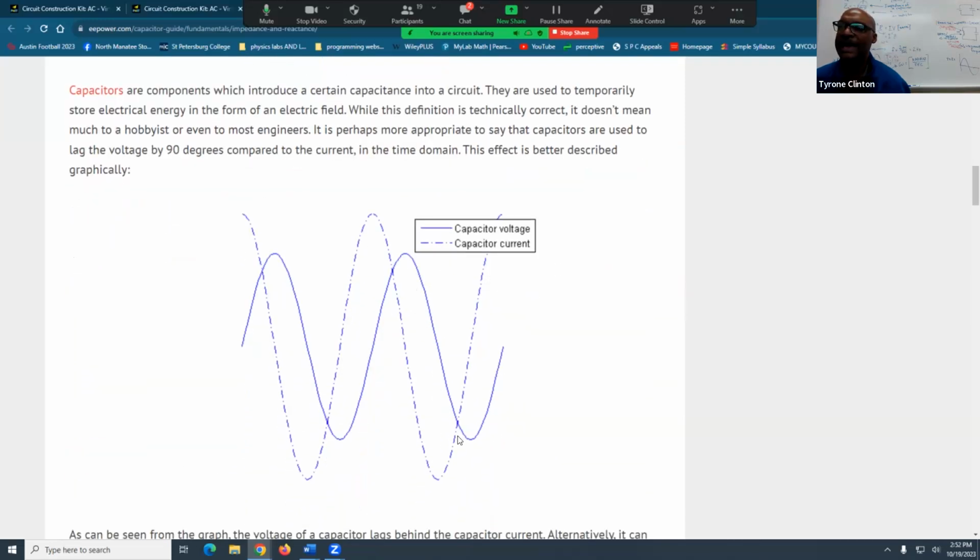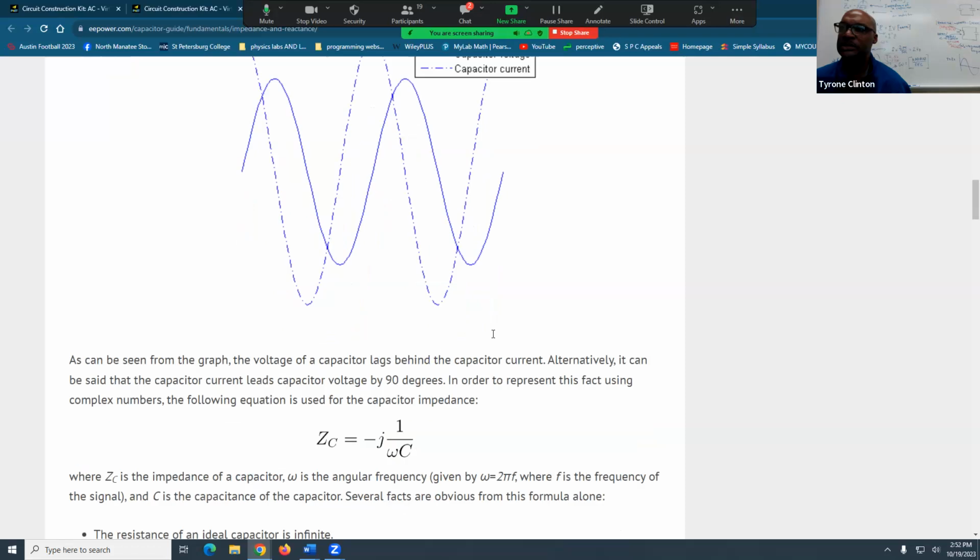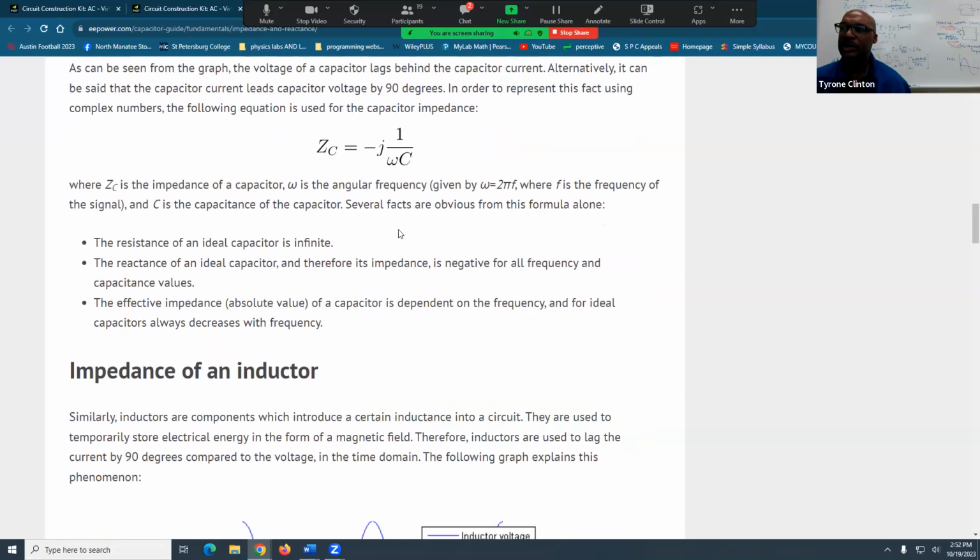You'll see this lagging piece here. You can see that this lags. In this case, I think they tell you right from the get-go, it lags by 90 degrees. You'll be able to pick off the reactance. Remember, this is the impedance of a capacitor.